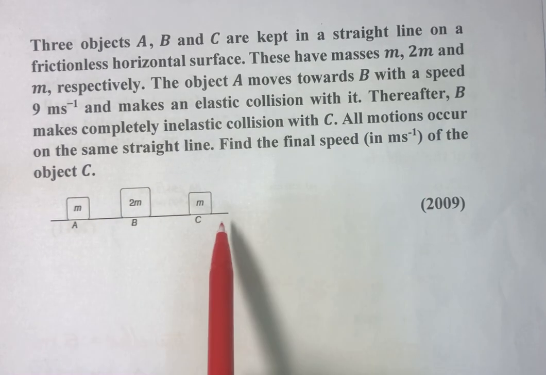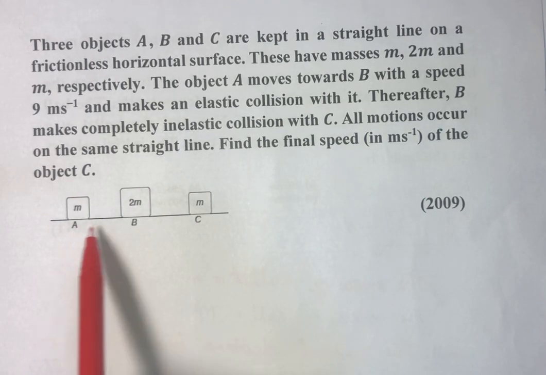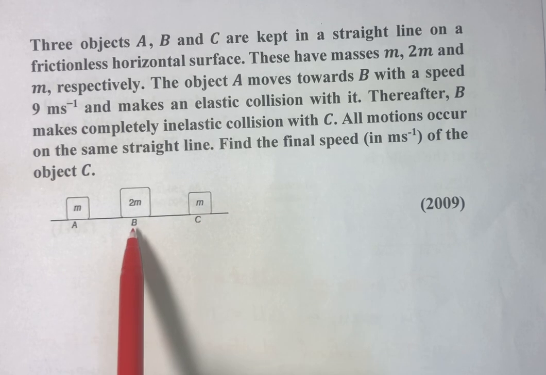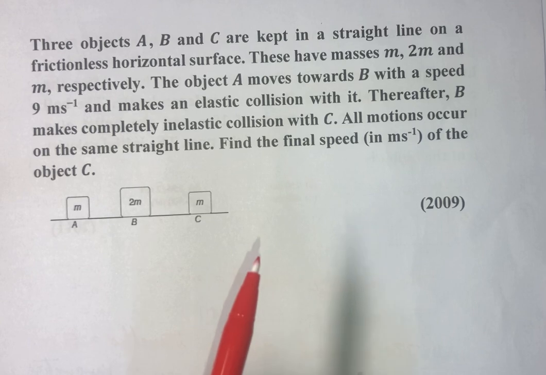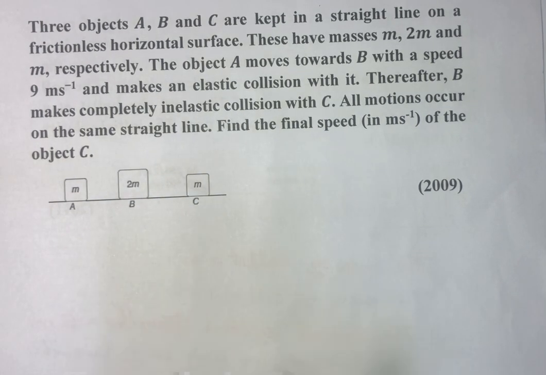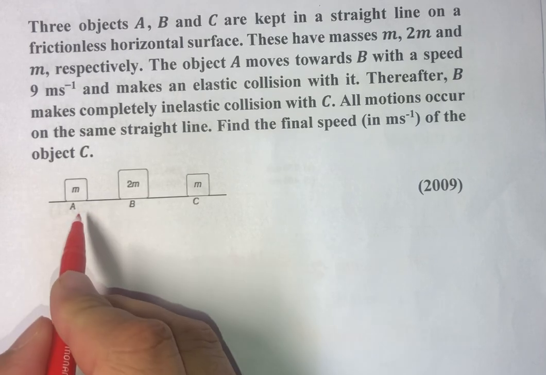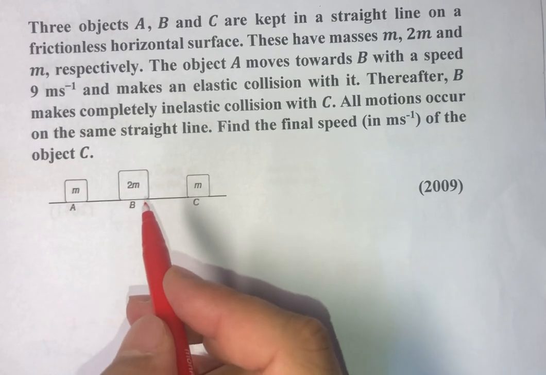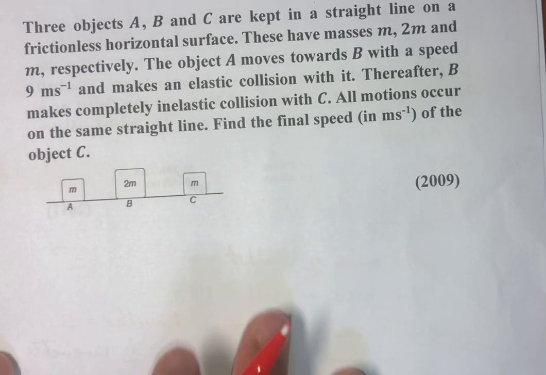So we have A, B and C. The collision between A and B is perfectly elastic, and between B and C it is perfectly inelastic. So let us consider the first case. For A and B, the collision is perfectly elastic.